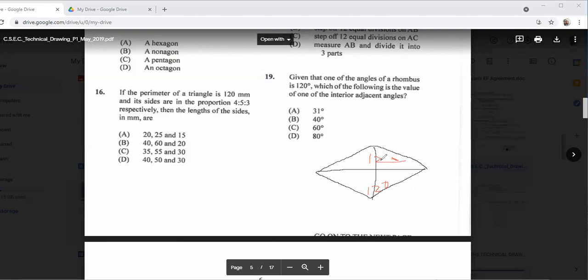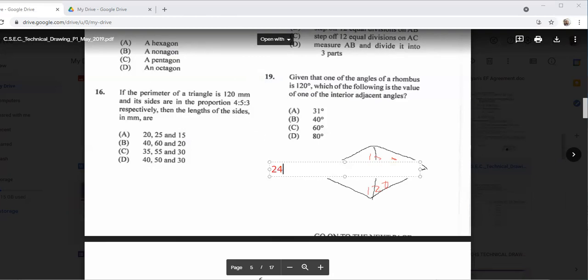So if here is 120 and here is 120, all 4 angles add up to 360 degrees. 120 plus 120 gives us how much? 240, right?